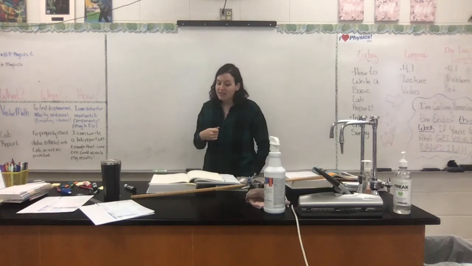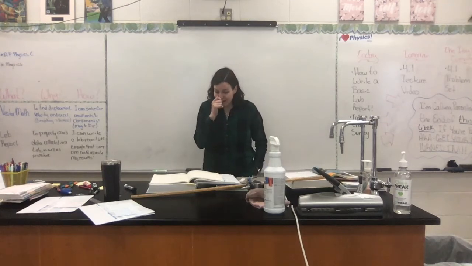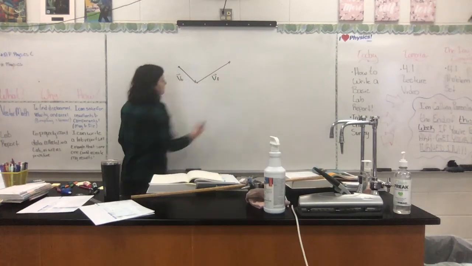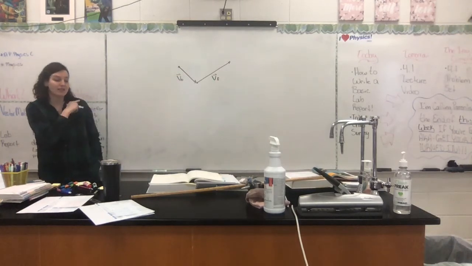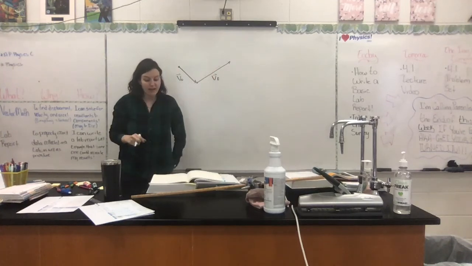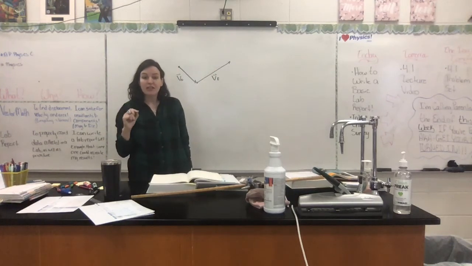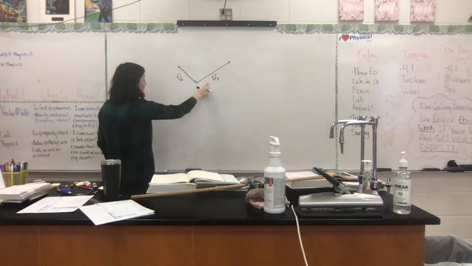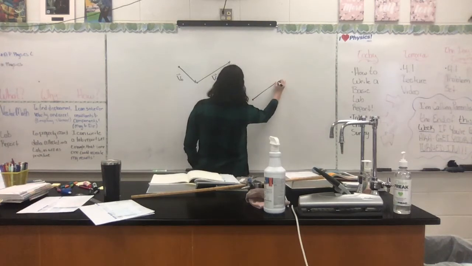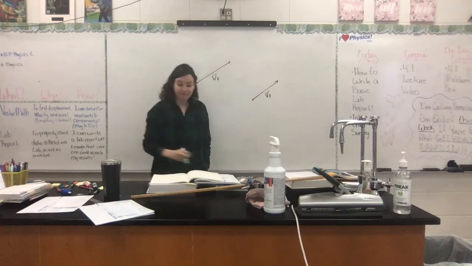So let's talk about different steps to finding an acceleration vector, okay? Let's say we're given these two vectors. This is our initial velocity and this is our final velocity. The first thing we're going to want to do is draw that final velocity vector. So I'm going to draw it off to the side here, and that is our final velocity vector.